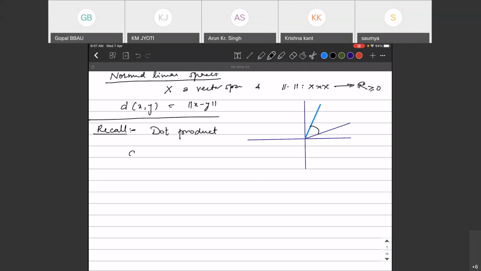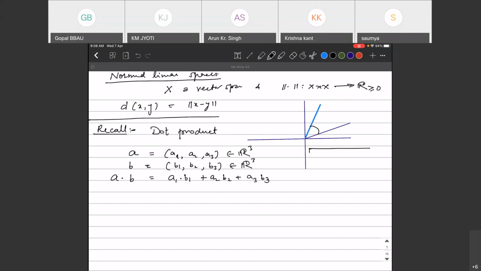So we have two vectors, say A1, A2, A3 in R3, and B is B1, B2, B3, this is again R3. Then if you remember, how do we define A dot B? Can anyone recall this? A1 into B1, okay, very good. A1 B1 plus A2 B2 plus A3 B3.